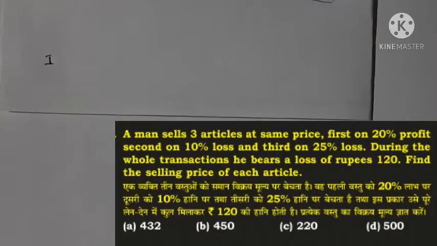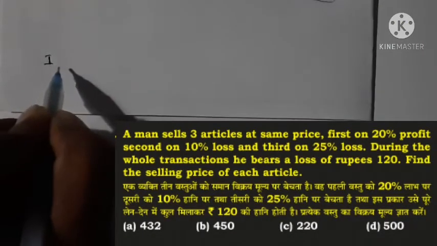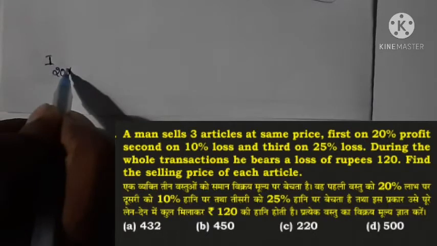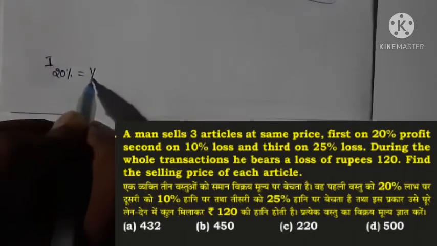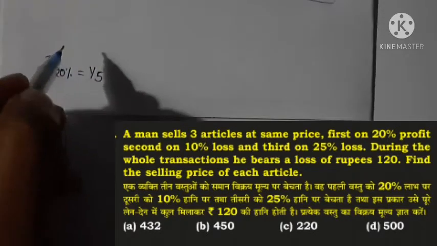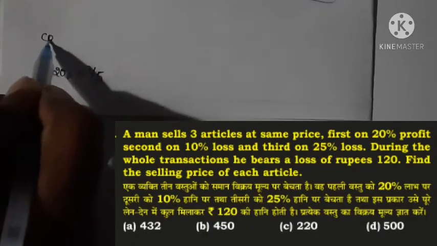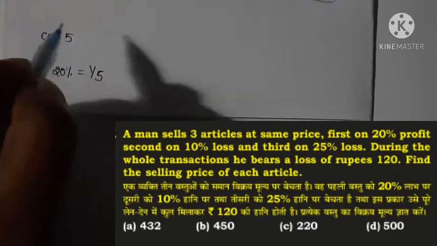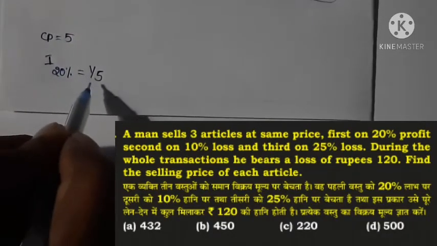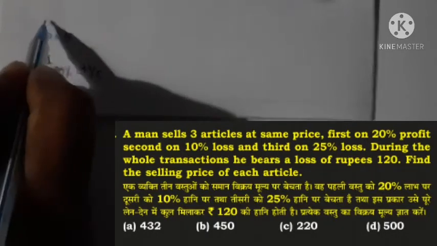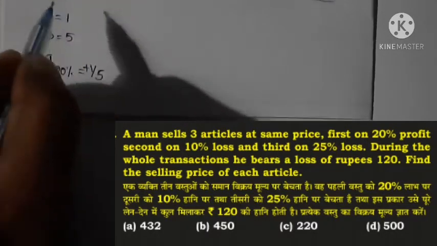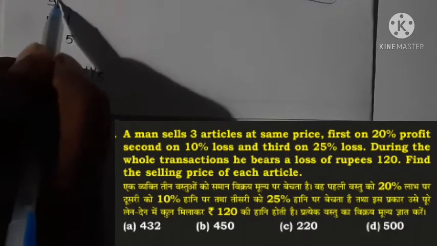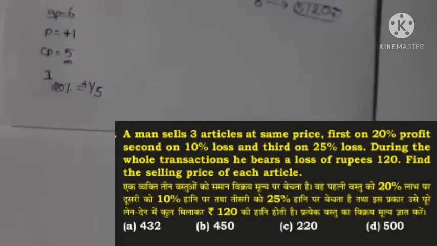First article, 20% profit. So 20% is equal to 1 by 5. Say the cost price is equal to 5. So profit is equal to 1, so the selling price is equal to 6.